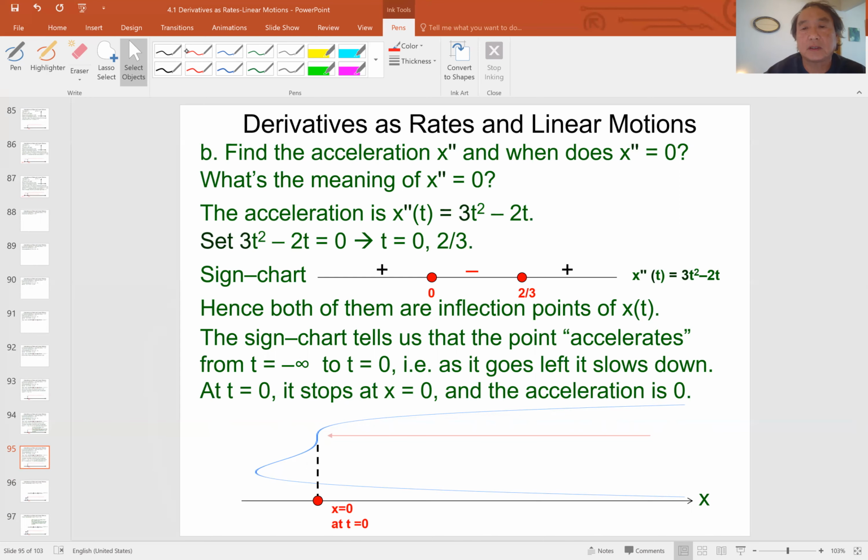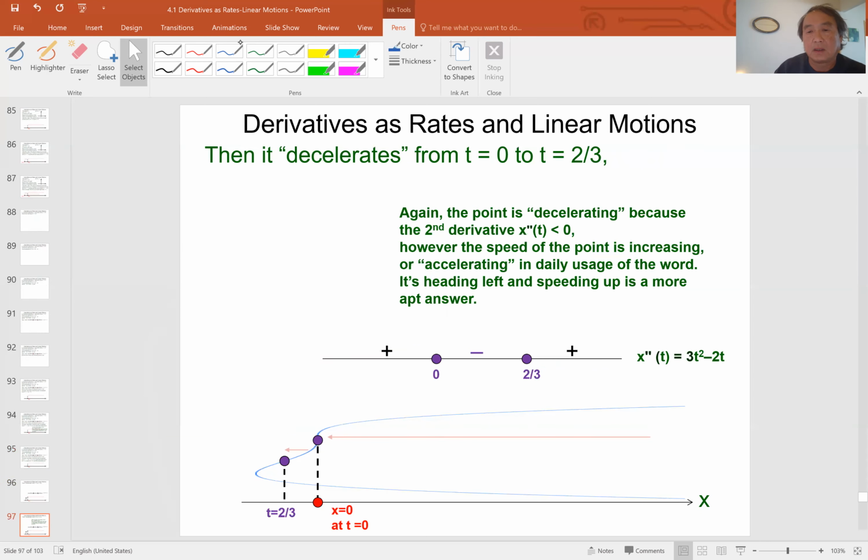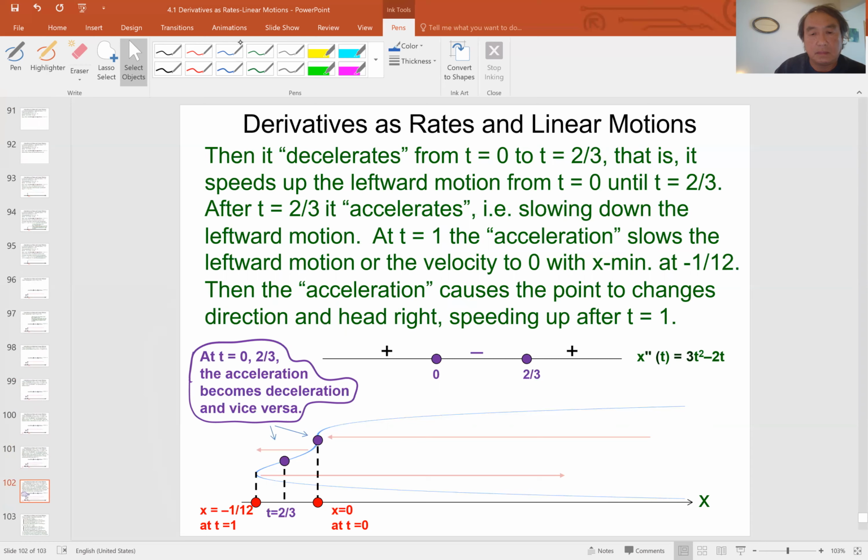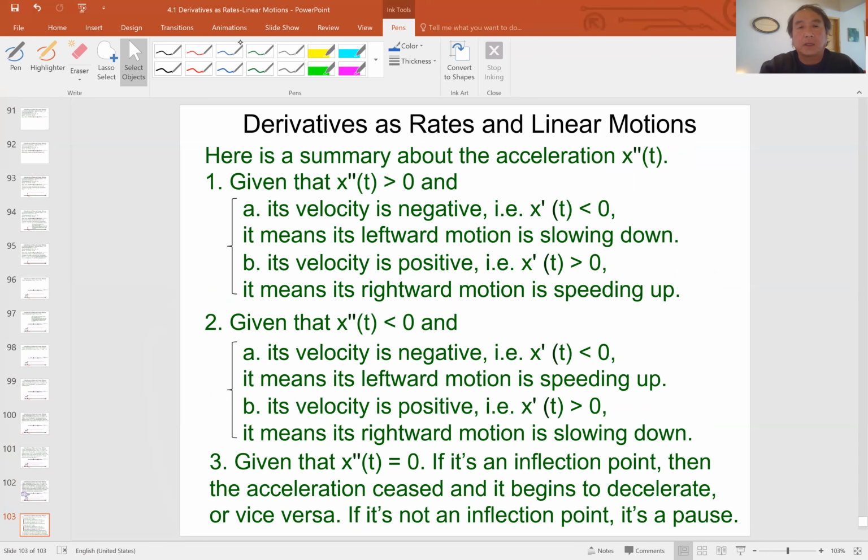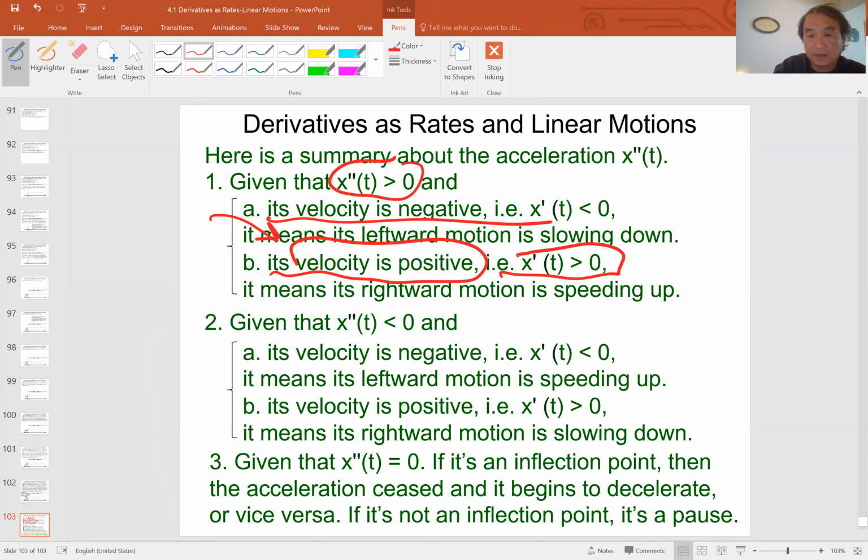So in particular, if the second derivative is positive, it's pulling the object to the right. If the velocity, remember, the first derivative, is positive, then it's getting pulled to the right even more, so it will speed up.